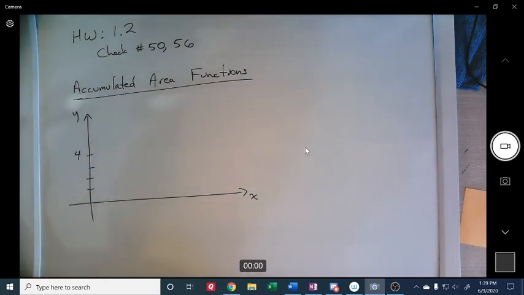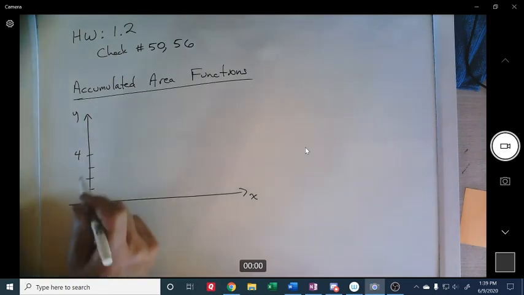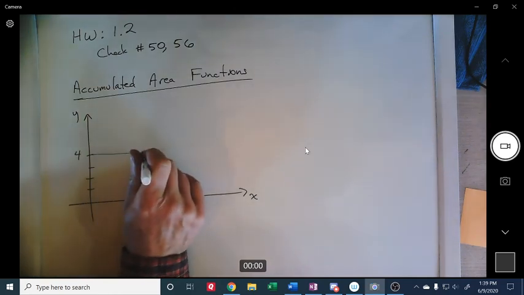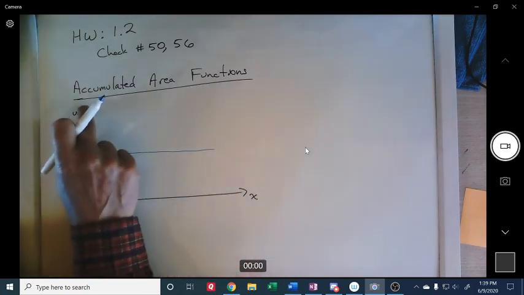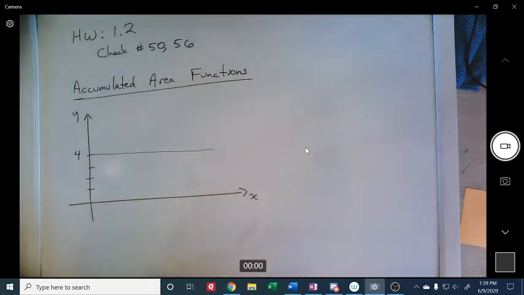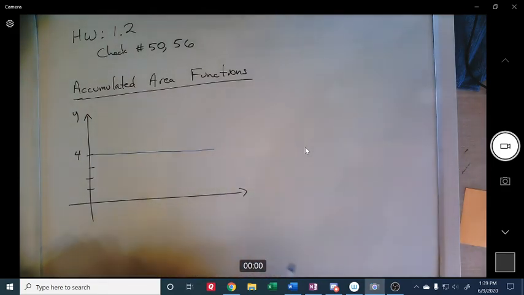And so my function looks like this. And now, instead of x over here, I'm going to call it t.